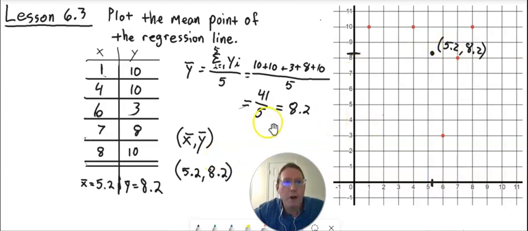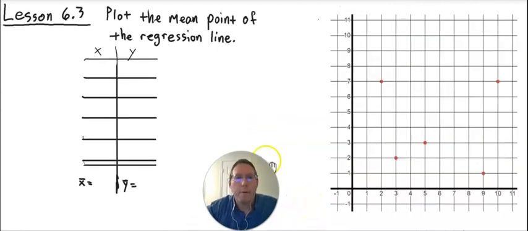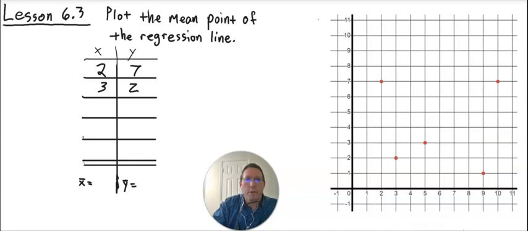Okay? So let's try a few more examples. Okay, so here's another example. We're going to plot the mean point of the regression line. To find the mean point of the regression line, we have to identify the 5 points, and we have to identify the mean of x and the mean of y. Okay, so here we have this point 2, 7. Then we have this point 3, 2.